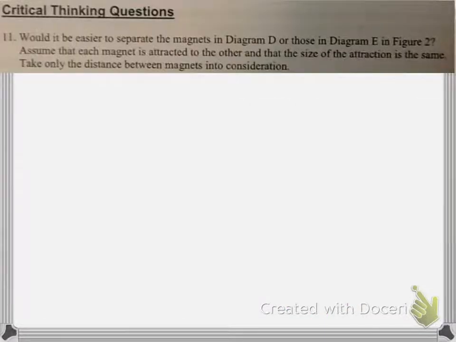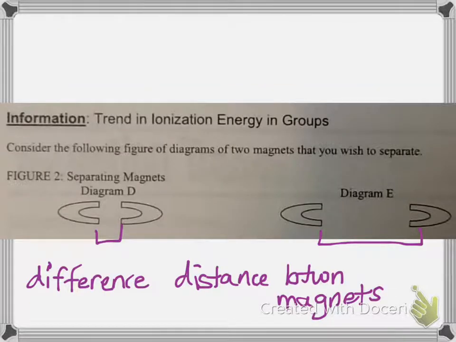So question 11. Would it be easier to separate the magnets in diagram D or those in diagram E in figure 2? So which is going to be easier to separate? It does tell us, assume that each magnet is attracted to the other and that the size of attraction is the same. Take only the distance between the magnets into consideration. So if these are equally strong magnets and we're trying to pull them apart, which one's going to be easier to pull apart?